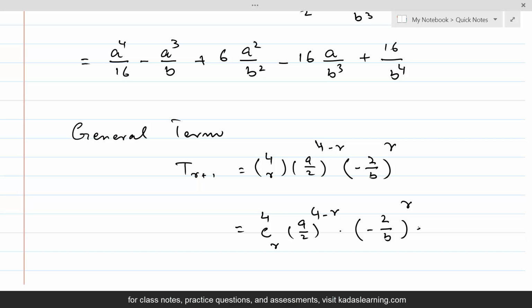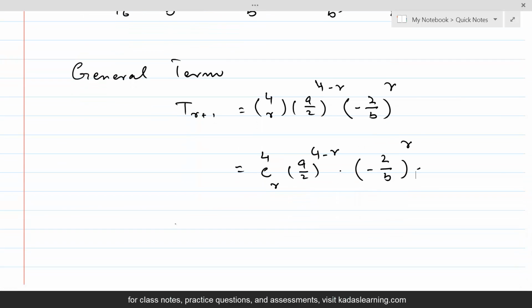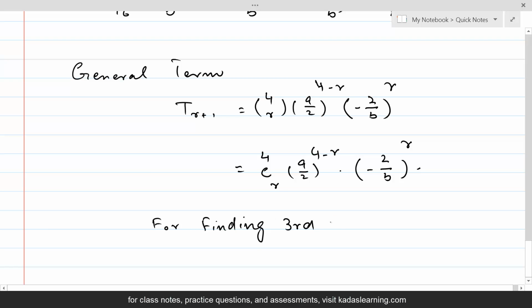For example, if we were required to find the third term, then for finding the third term, put r equal to 2.